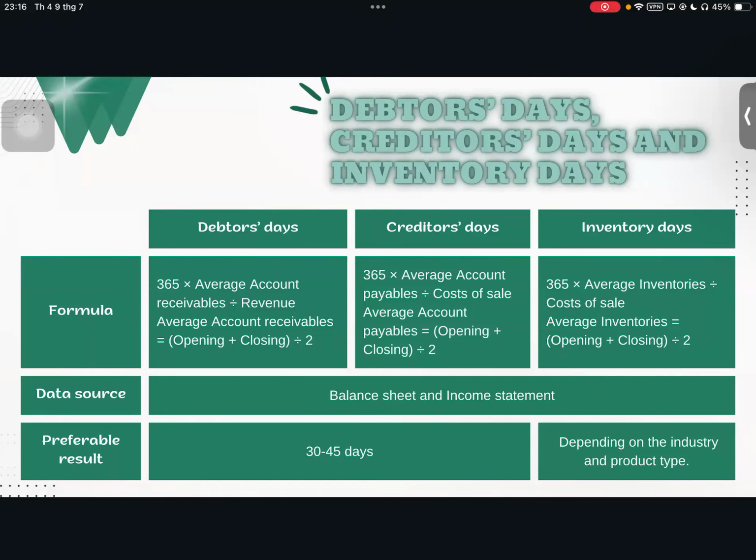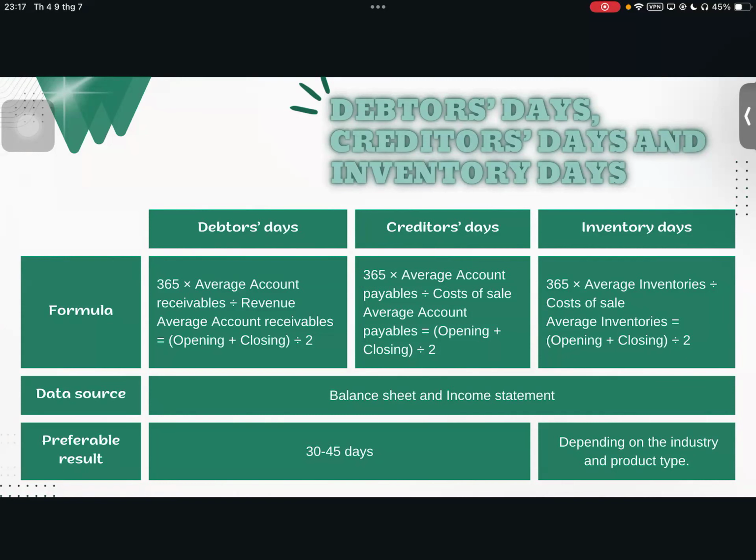If the number is too long, then it shows that the supplier has a weaker bargaining position than their customers. You may prefer to have those suppliers because you can negotiate longer payment terms.